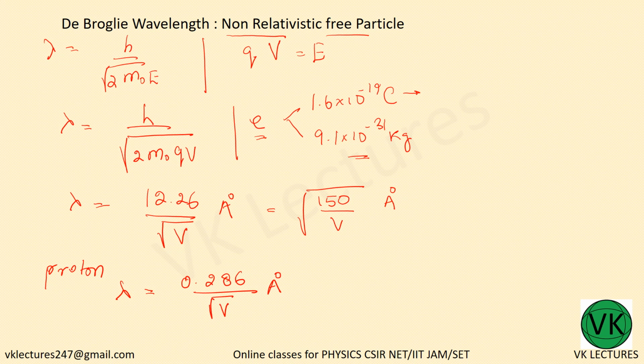Now suppose instead of this proton, you have an alpha particle. What is the change? Let us see. For an alpha particle, lambda will be equal to 0.101 by root V Angstrom. So what are the things to remember?